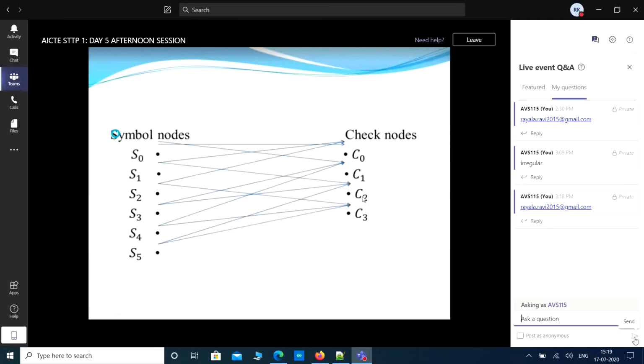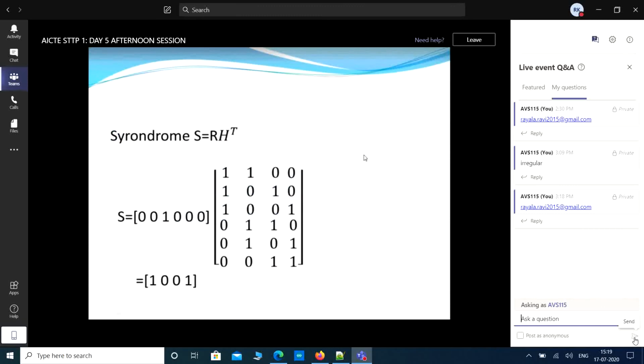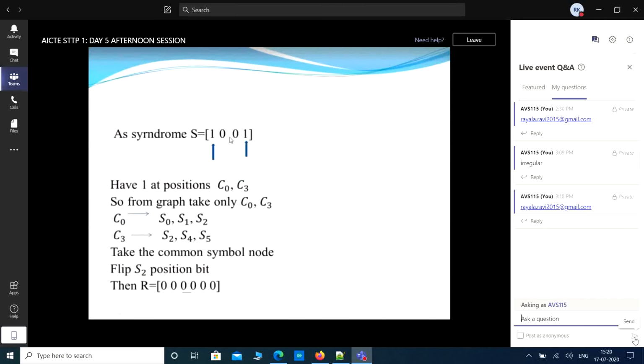C0, C1, C2, C3. The C0 is mapped to syndrome S0, S1, S2 and S3. So in the syndrome, first bit and the last bit, this is mapped to C0 and this is mapped to C3. Only C0 check node and C3 check node are active and the remaining 2 check nodes are inactive.